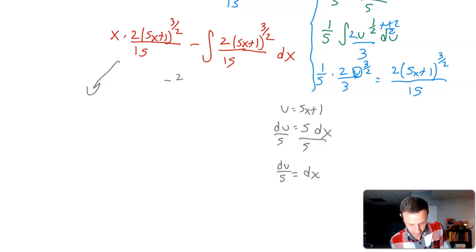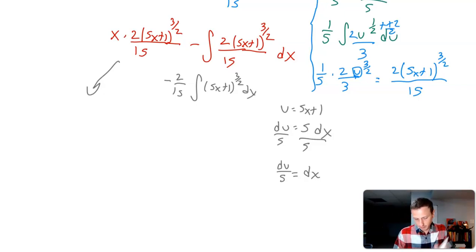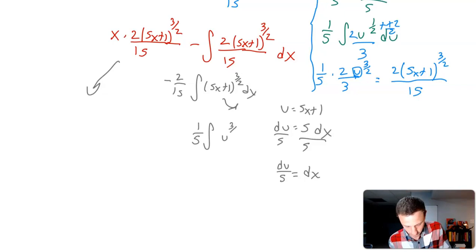I'm going to change this to 2 over 15, then the integral of 5x plus 1 to the 3/2 like that. And then I'm dealing with this right here, and then I'll deal with that 2/15 at the end, just to make this a little bit easier. So it's going to be 1/5 integral of u to the 3/2 du. So it's 2 over 15, I'll just multiply at the end.